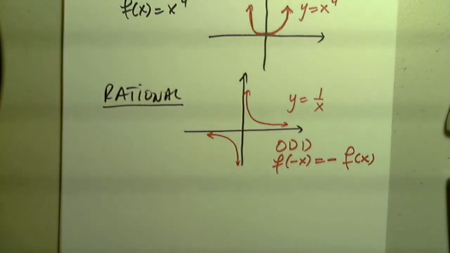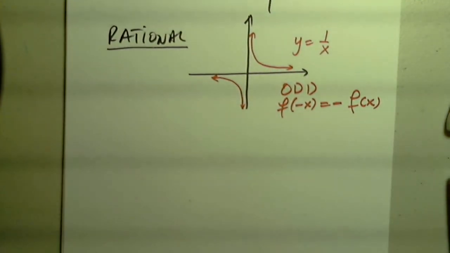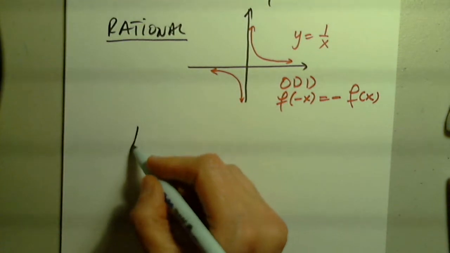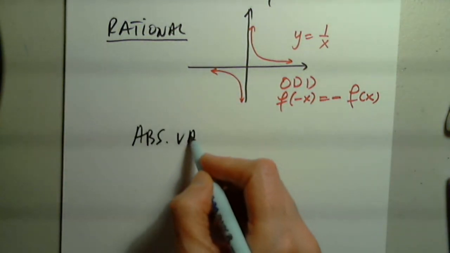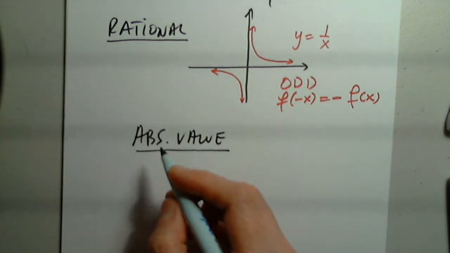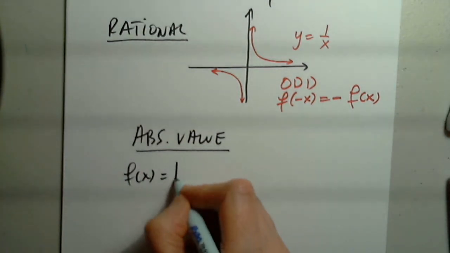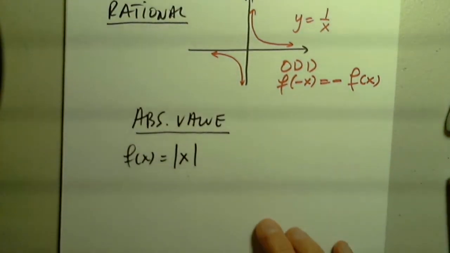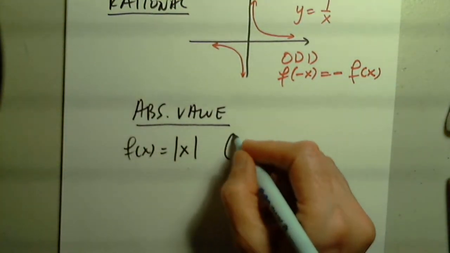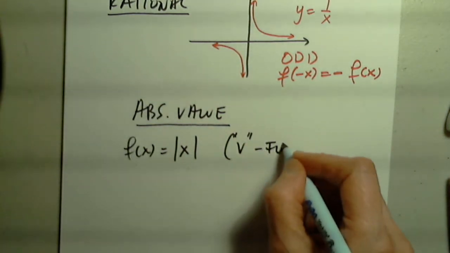Looking at time, I know I have 3 minutes left. So I would like to also, there is the absolute value function. Yeah, let's list those. 2 more functions. Absolute value. It's f of x equals the absolute value of x. This is also remembered as a V function.